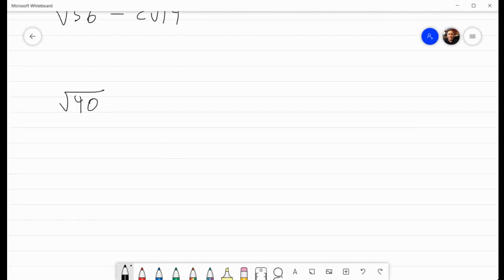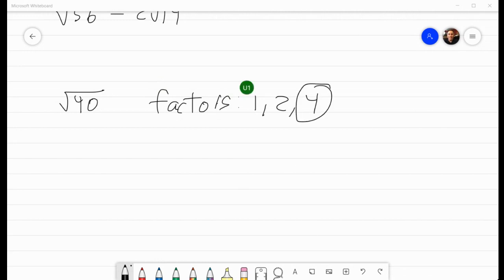How do we know that? Well, if you look at the factors of 40, okay, we have 1, we have 2, we have 4, right? Again, 4 is a factor that is a perfect square, besides 1.